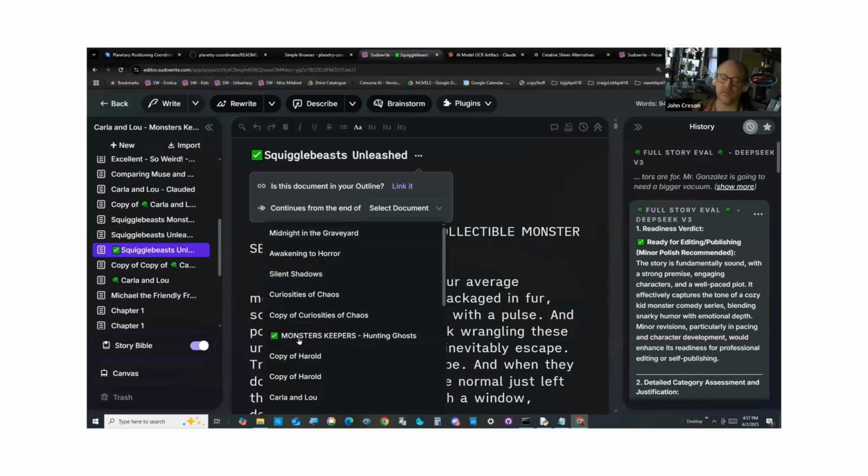And so you choose which one is your connected from the end of document. The other thing to take into account is that it doesn't just look at the previous document, it will look at each connected previous document up to 20,000 words.